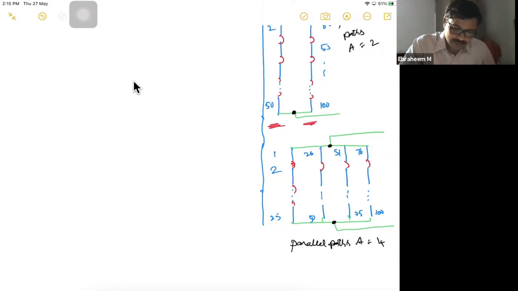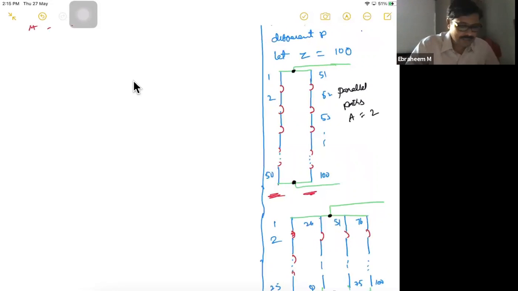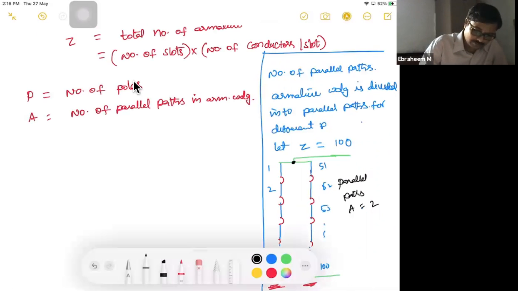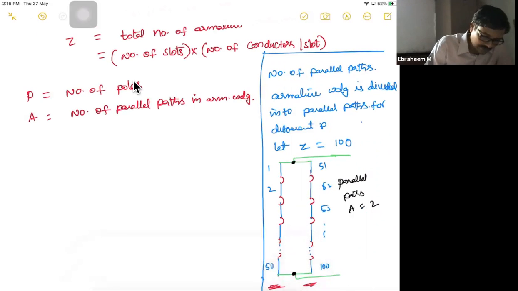Now parallel paths I can arrange like this. Having more number of parallel paths has one advantage. Having fewer parallel paths has another advantage. So depending upon the requirement, we can have either. But when coming to the DC generator, A is equal to 2 for wave winding.